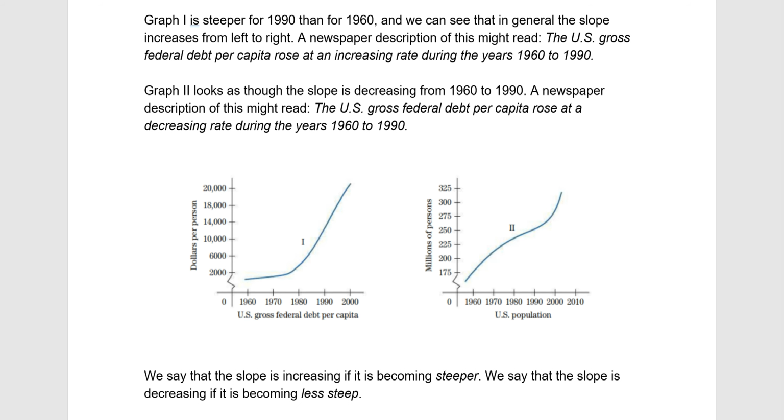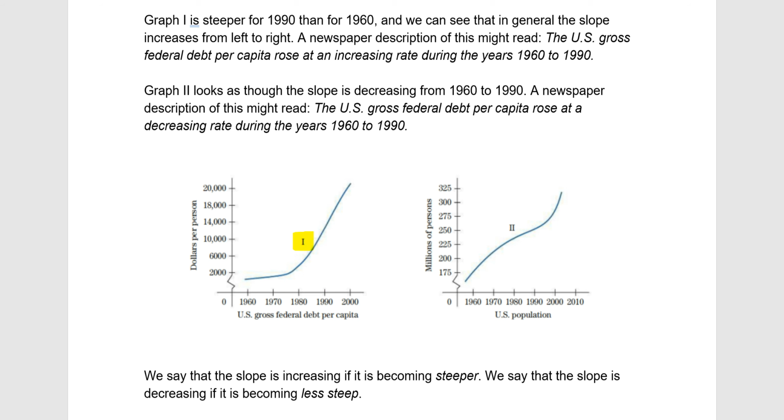Looking at graph 1 on the interval from 1960 to 1990, you can see that it's steeper at 1990 than it is at 1960. In general, the slope increases from left to right for graph 1.